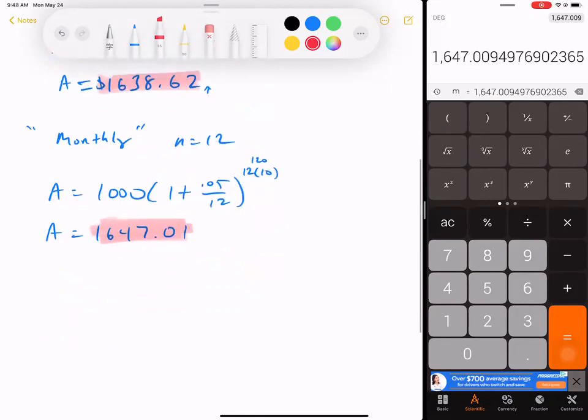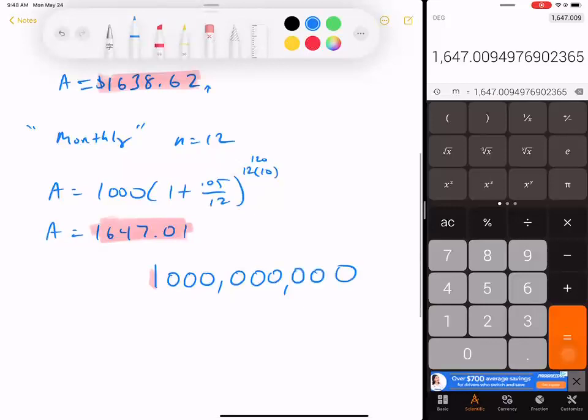Well, let's see. A billion is, real quick, 1,000,000,000. That's a billion. So we would add 6 zeros to our 20 here, right? 1, 2, 3, 1, 2, 3. So for $1 billion, this would have accounted for $20 million.